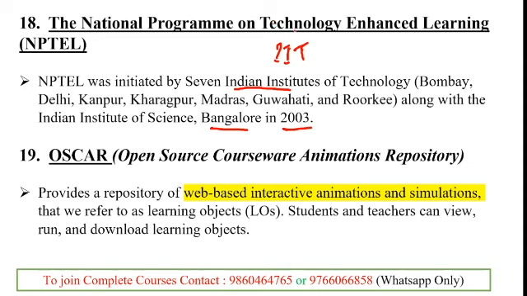So the NPTEL program was developed in 2003, and the full form is very much important. And in this you can see the 5 core discipline areas, namely civil engineering, computer science engineering, electrical engineering, electronics and communication engineering, and mechanical engineering.